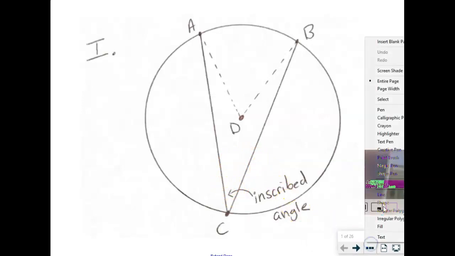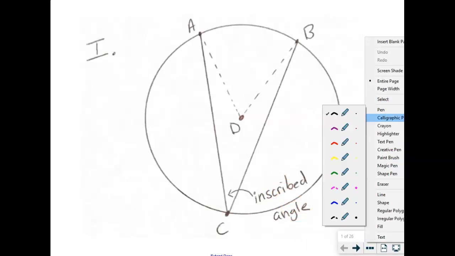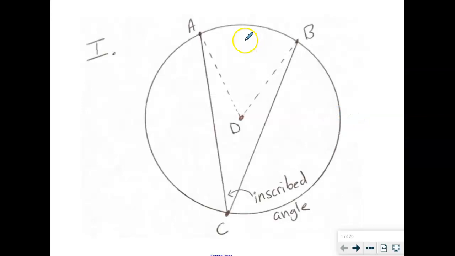All right, so bear with me as I bring up a pen here. Okay, so let's say, for instance, this is 60 degrees. Then we know that the arc up here is also 60 degrees. This right here is our inscribed angle.